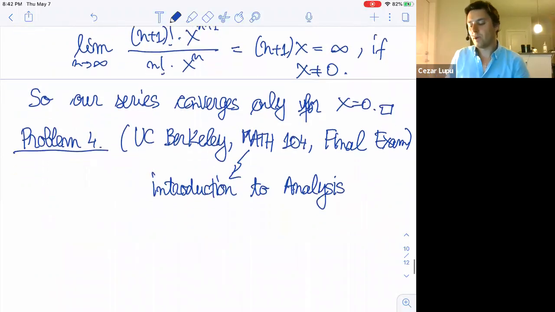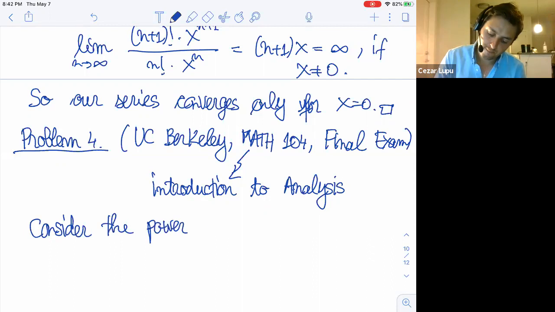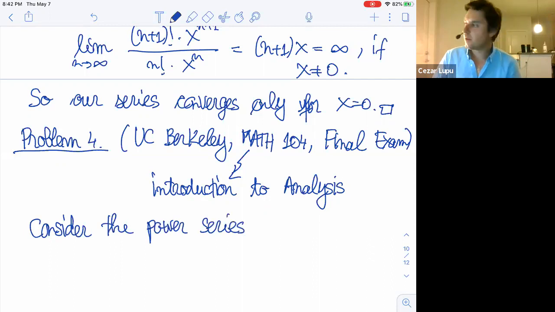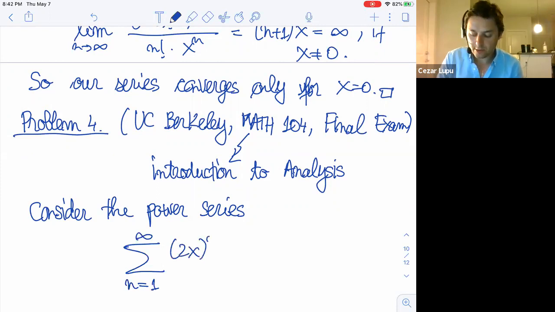All right, so the problem says the following. Consider the power series, given as the sum from n equals 1 to infinity of (2x) everything to the power n squared, pay attention, everything over n.